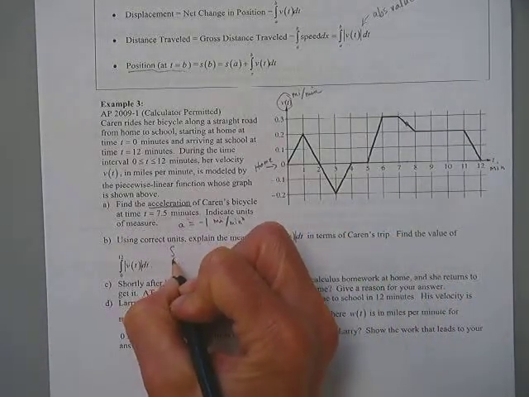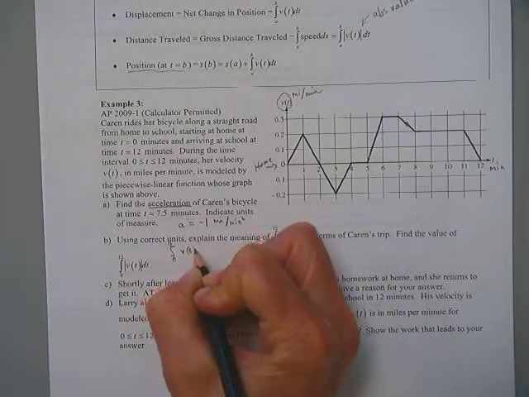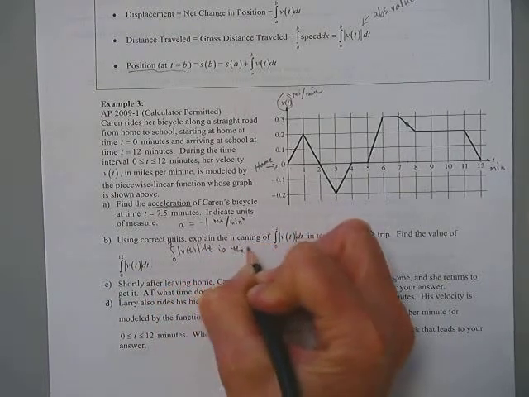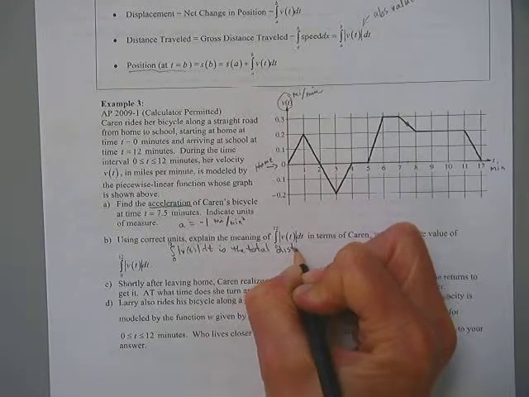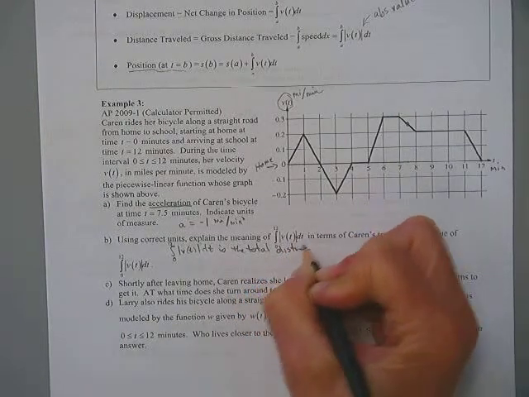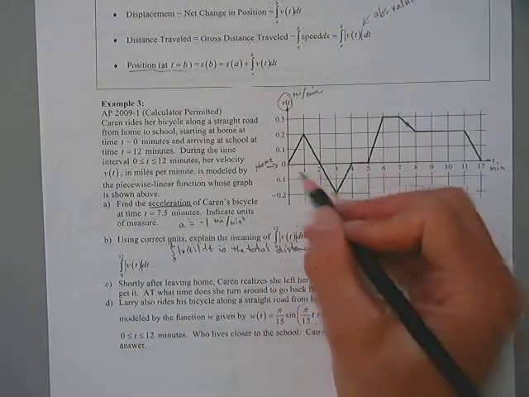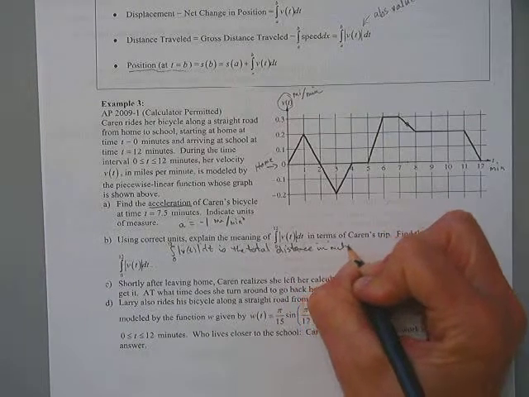So this, the integral from 0 to 12 of the absolute value of velocity, is the total distance, and then in terms of Karen's trip, so it's the total distance in what?